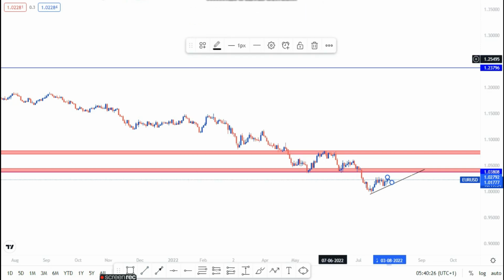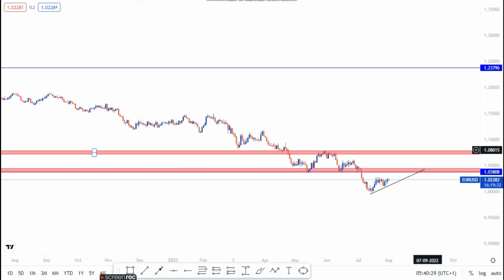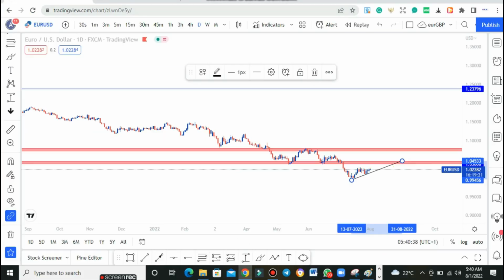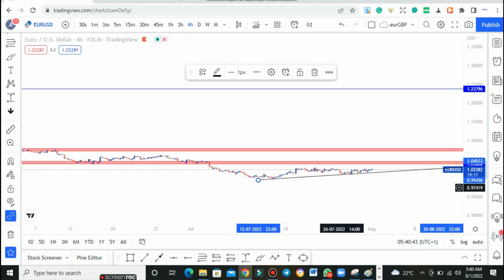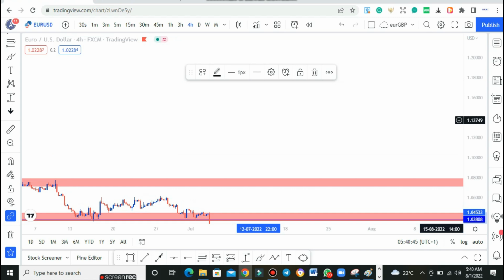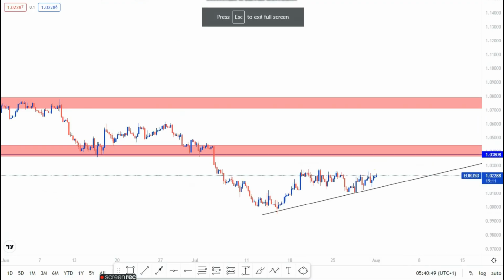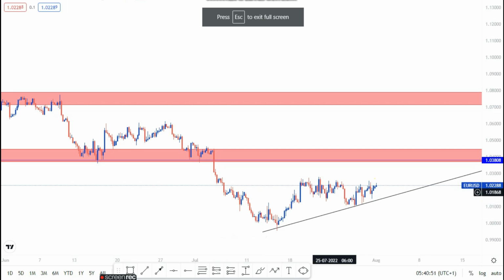So let's go to the 4 hour so you can understand what I'm saying. On the daily, we already have this beautiful trend line leading us to this zone. Okay, look at the 4 hour.